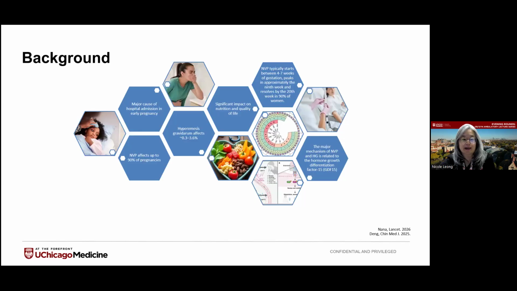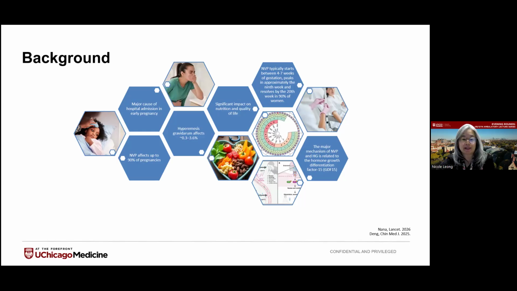Some general background, nausea and vomiting in pregnancy is a major cause of hospital admission in early pregnancy, and the second most frequent cause of admission in the second trimester as well. Nausea and vomiting in pregnancy affects up to 90% of pregnancies, whereas hyperemesis gravidarum affects a much smaller percentage of people, anywhere between 0.3 to 3.6% of pregnant people.